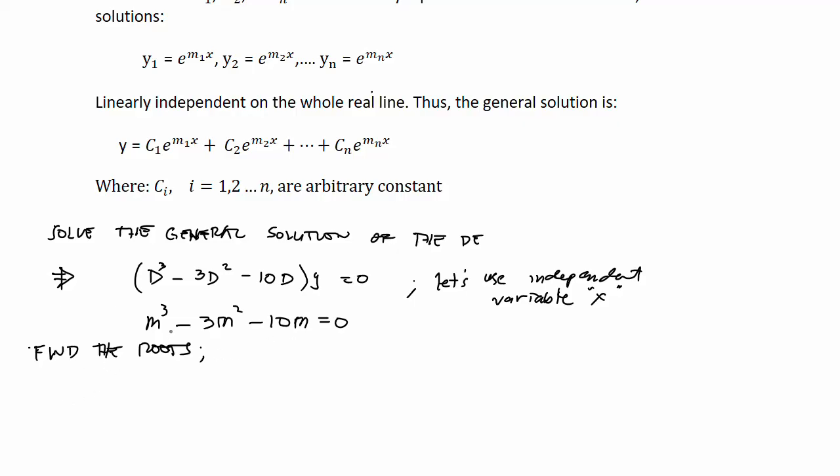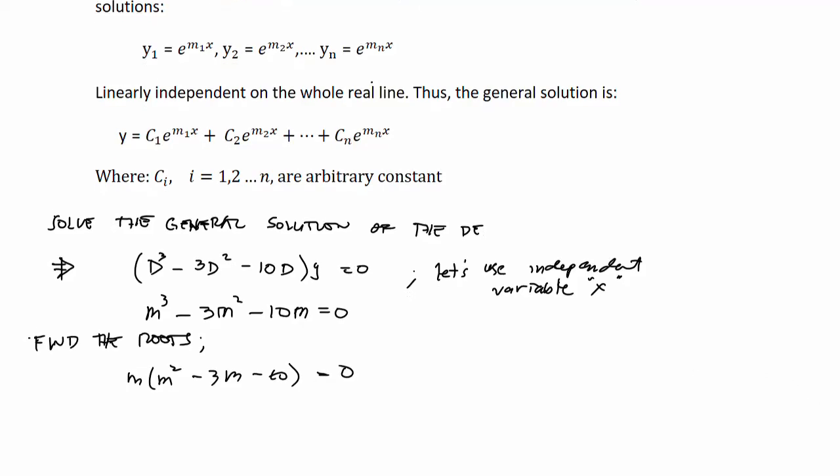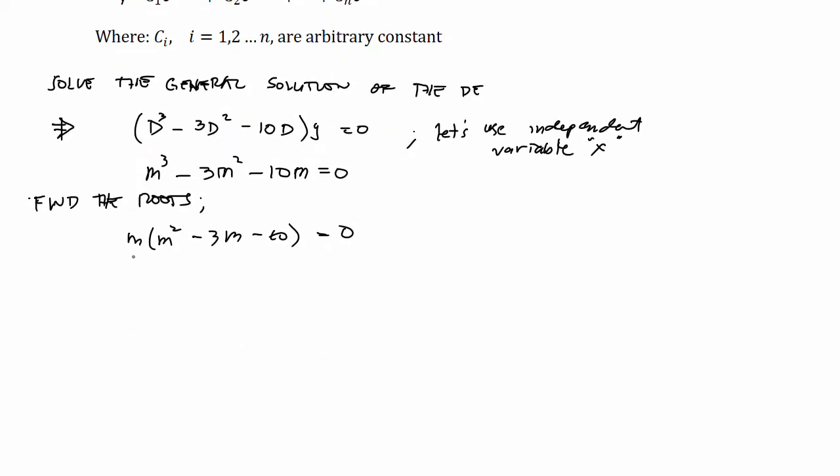First, since they are in m, 3m, and 10m, the common factor is m, so let's factor out m. So what we have here is m multiplied by m squared minus 3m minus 10, right? Is equal to 0. Then to simplify it further, you need to factor out this term.